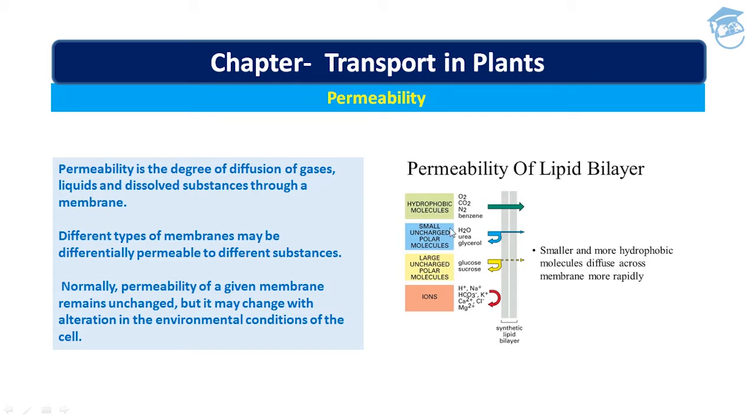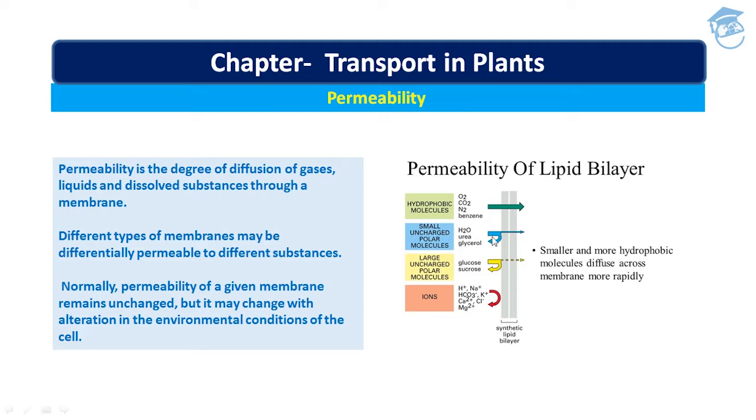These are hydrophobic molecules that can easily go from this place to here. So that shows that this lipid bilayer is more permeable to oxygen, carbon dioxide, N2 and benzene, whereas small uncharged polar molecules such as H2O, urea and glycerol cannot move inside, or a little part of it can move inside.